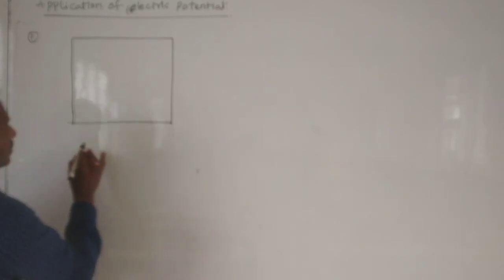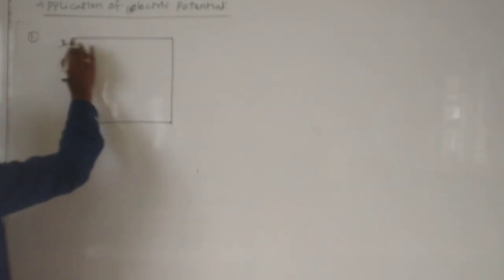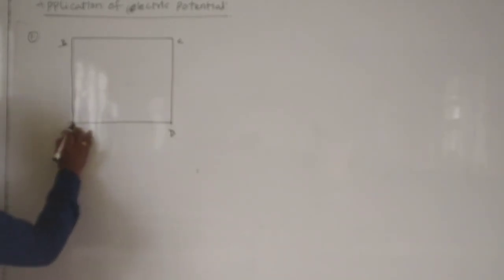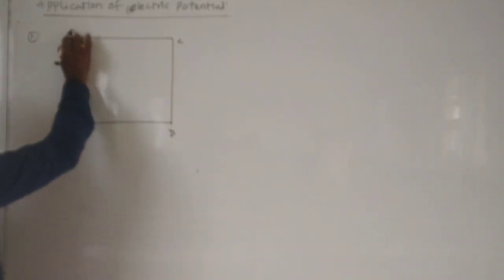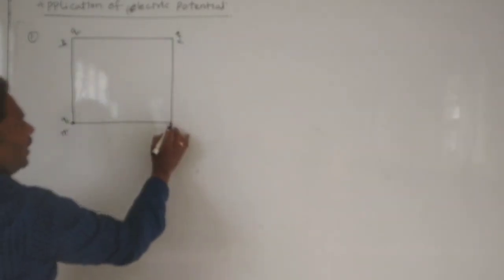On the square A, B, C, D, four charges are placed: Q, Q, Q and Q.